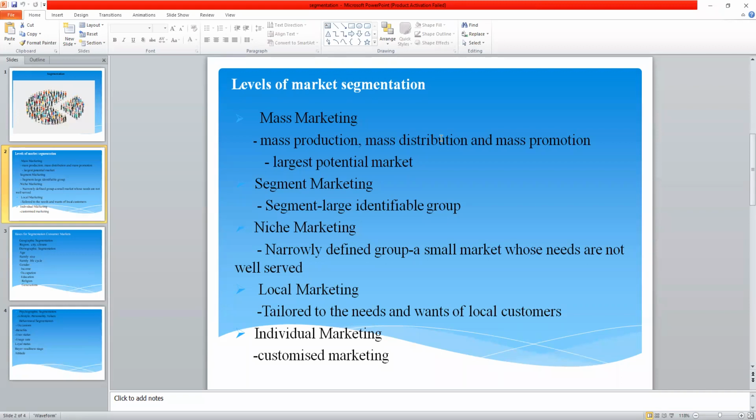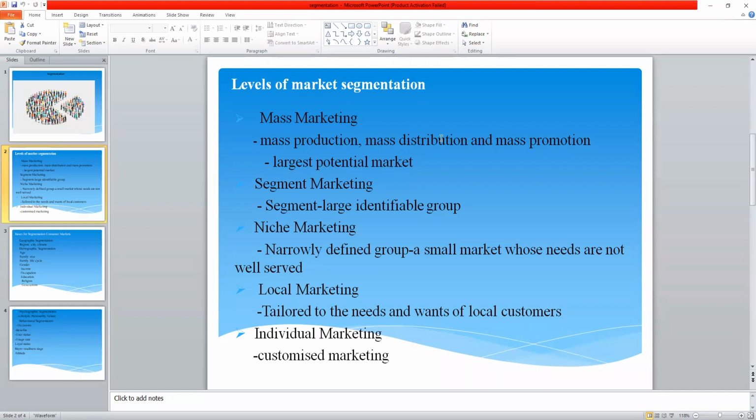Now, in today's competitive era, where most of the competitors are struggling to have market share, the customized approach is increasing. Now here, many of the products or services, specifically services, since the traditional era, have been into customized marketing.